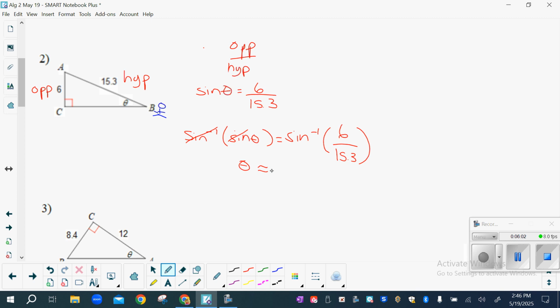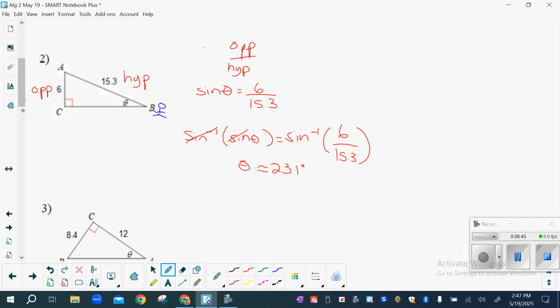Nearest tenth. 23.1. Thank you, those of you who are sitting quietly. So it's 23.1 what? Degrees. We want to put our degree symbol there.